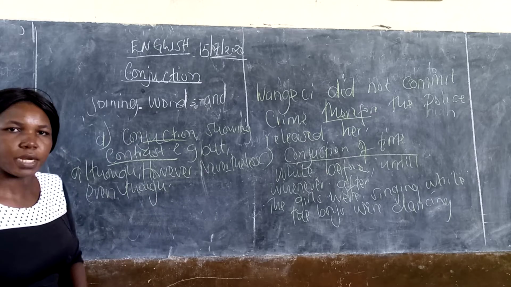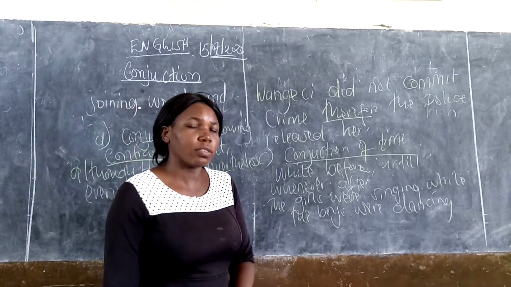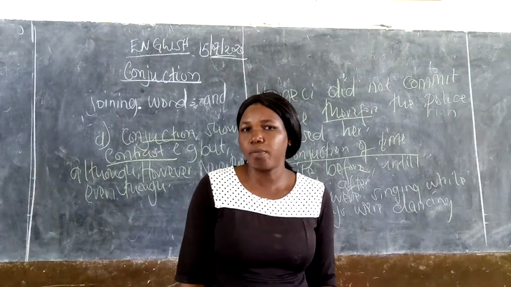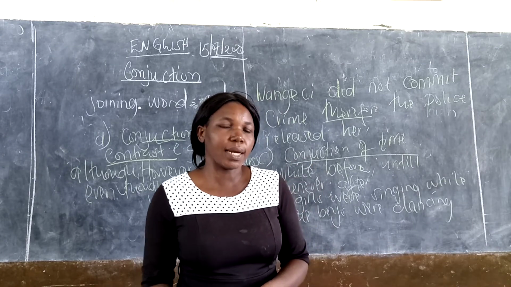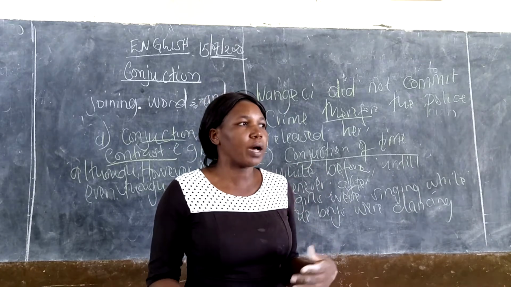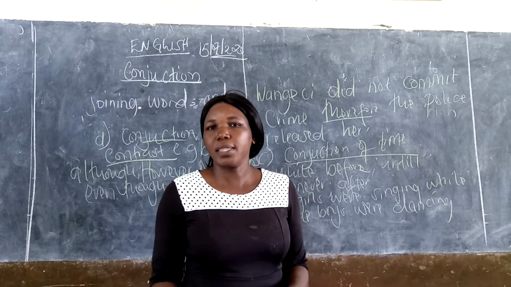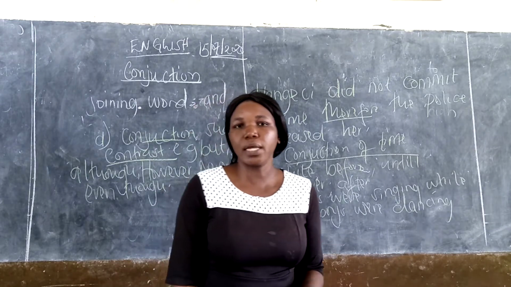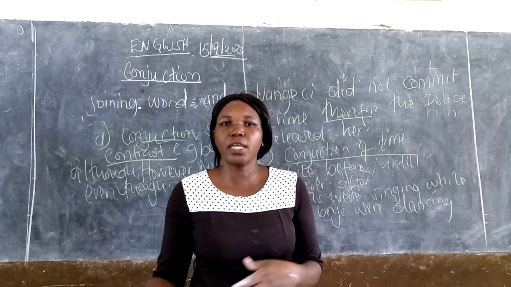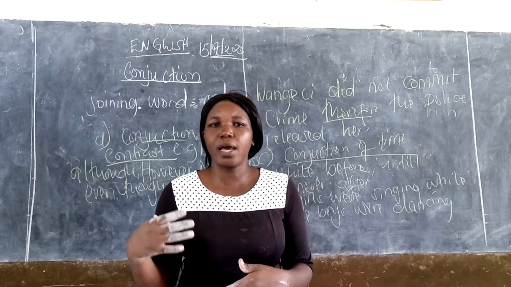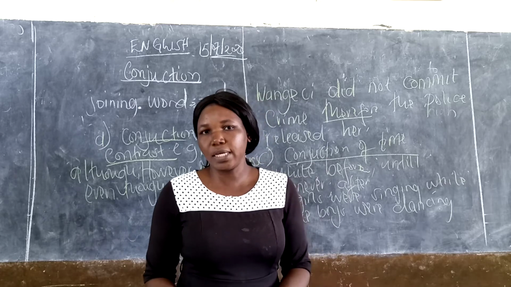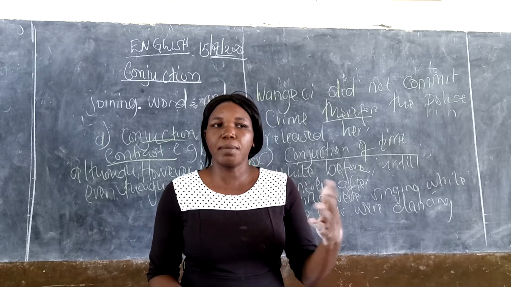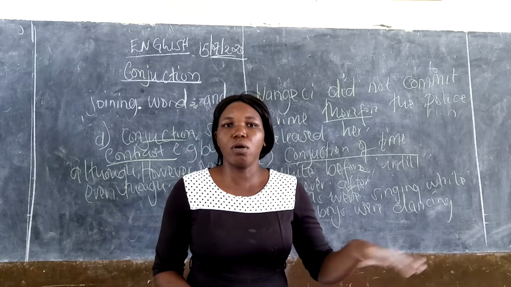Even though it was raining, we went home. This means that you were expected to be in class or at school. By that time it was raining, but we decided to go home. So you are giving contrast. Someone is expecting you to stay in school because it was raining, maybe until the end of the rain is when you go home.